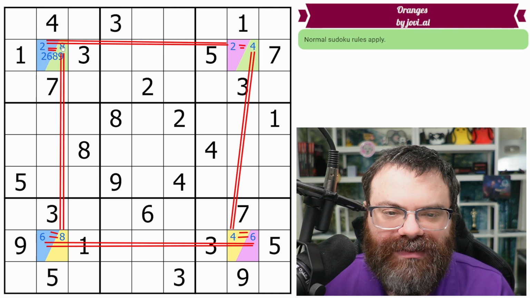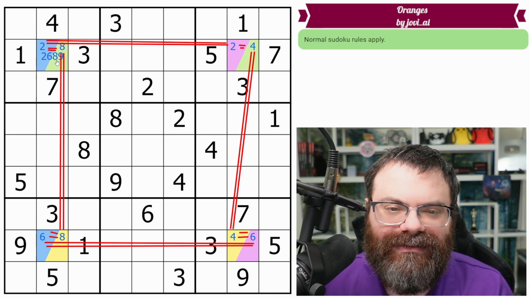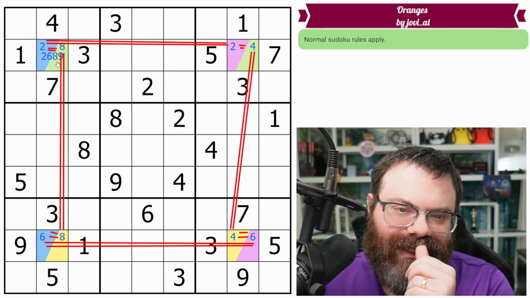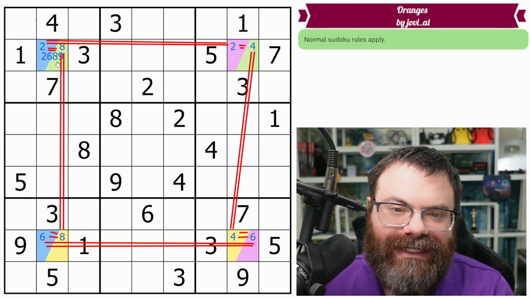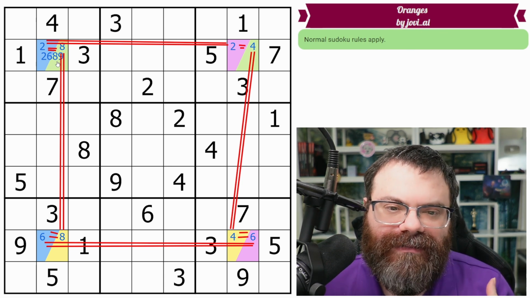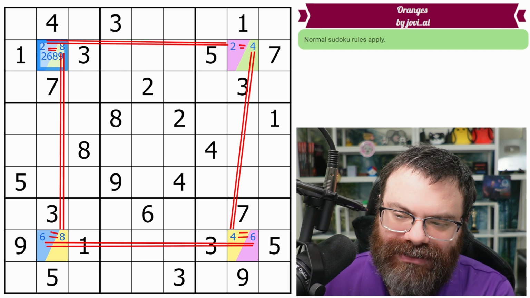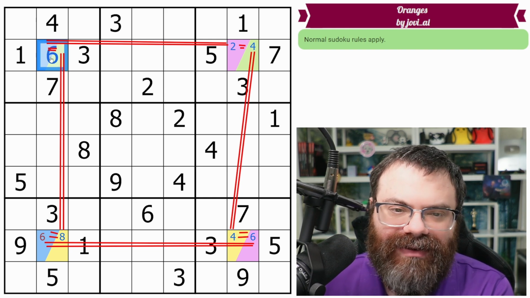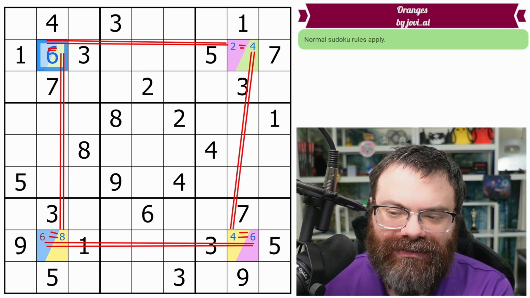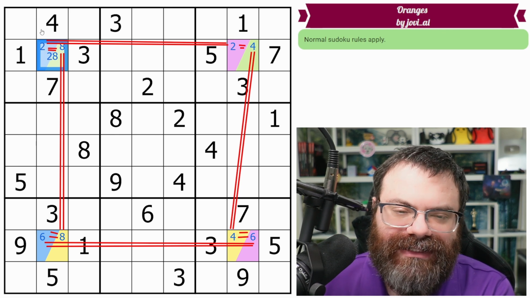But there's a strong link between the 2 and 8, which means that any candidate in the grid that both the 2 and 8 eliminate, those cannot be true. In that case, that's the 6 and the 9 in this cell. If this cell has to be 2 or 8, it can't be 6 or 9. If I try to put a 6 here, it now can't be 2 or 8, and that has violated my loop. So we can eliminate 6 and 9 from the cell.